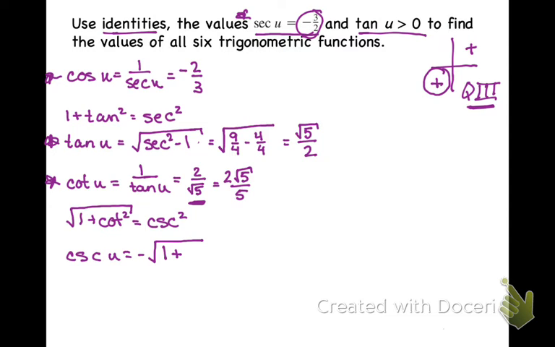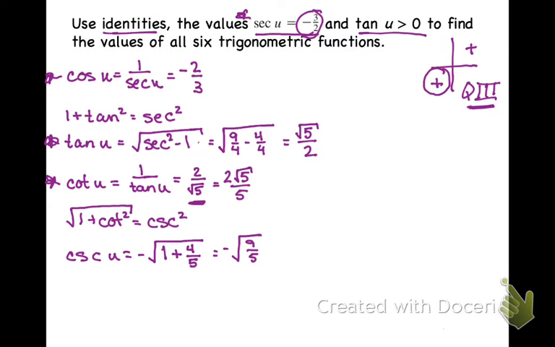So what's 2 squared? 4. What's 5 squared? 25. So the square root of 25 is 5. So 1 is what? 5 over 5. So I have negative the square root of 9 over 5, correct?